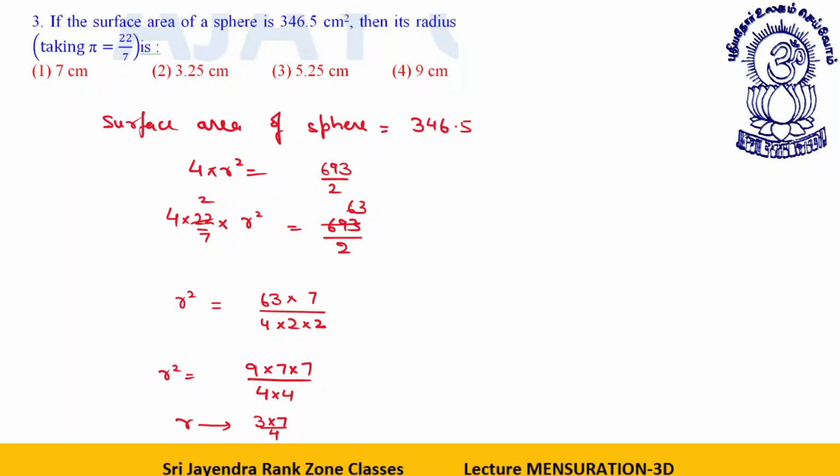I hope this portion is visible. Yes. So you got this. Therefore r is equal to 21 by 4, or r is equal to 5.25. I'm sure this is clear to everyone. Okay. Shall I move ahead? Next question.